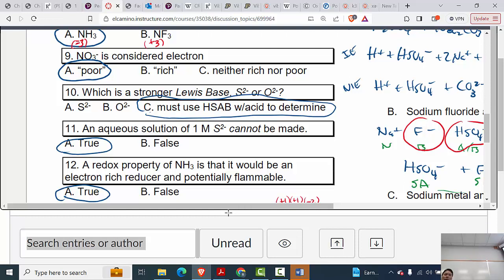And what was that about? Why do we care about hard soft acid base? These are little annotations you'd make in your notes sometimes. We care about it because in MO theory, we want to do LCAO. Do you guys remember LCAO?